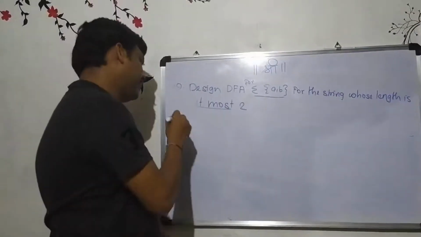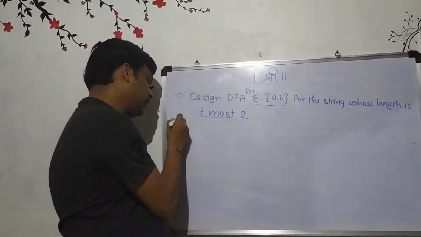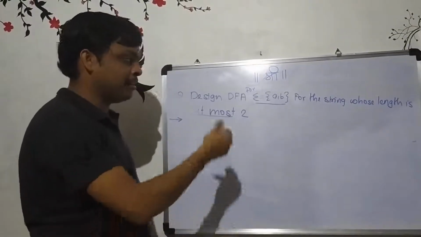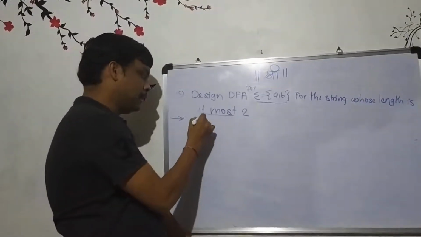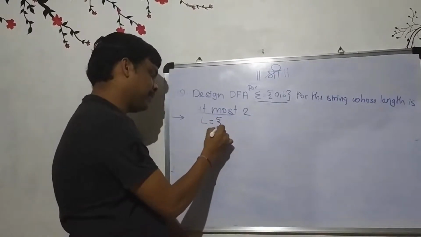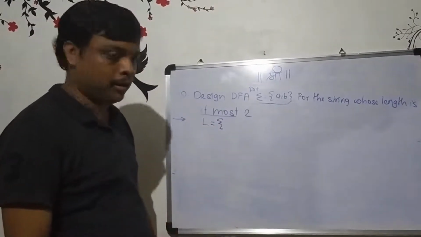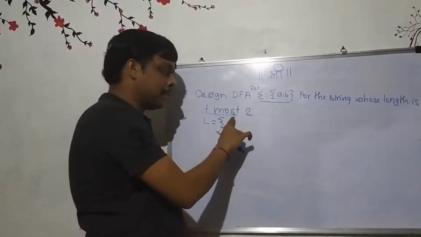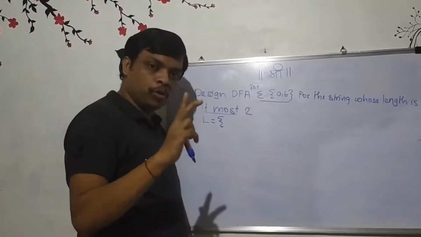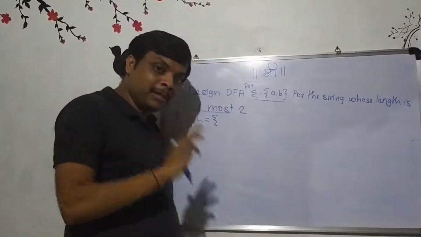Okay, now let us try to design the DFA for this. As I said earlier, whenever you get a question, initially you should try to identify the elements of the language. In this case we have to accept all the elements of length 2, of length 1 and of length 0 as well.